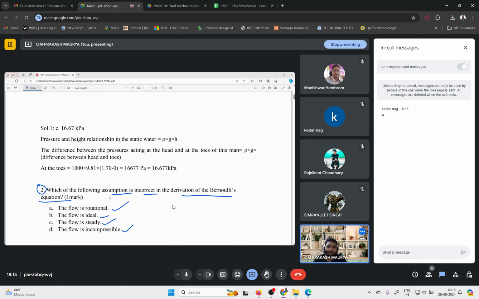Okay, Kedar is telling option A. Other students, please also try to write in the chat box. What is your view on question number 2? Whether option A, B, C, or D, which one will be correct?